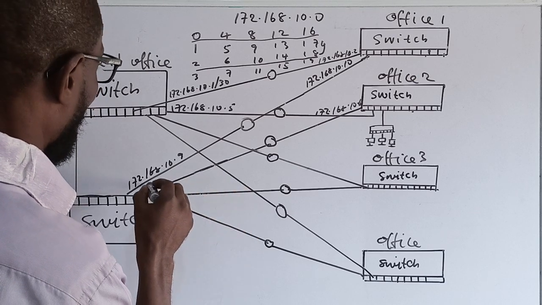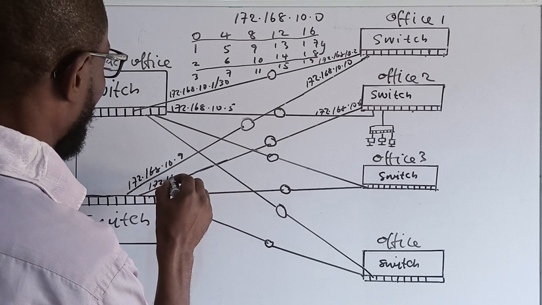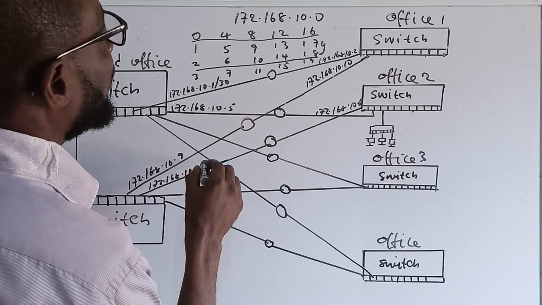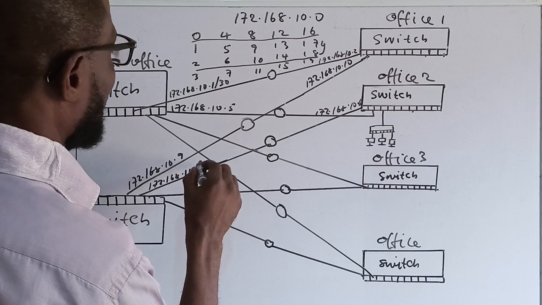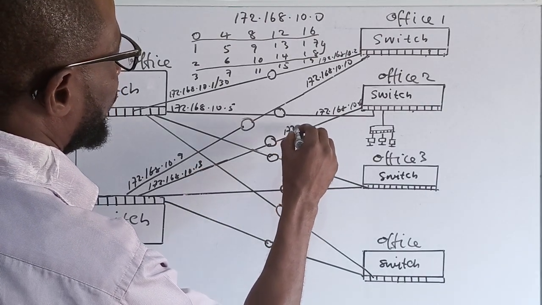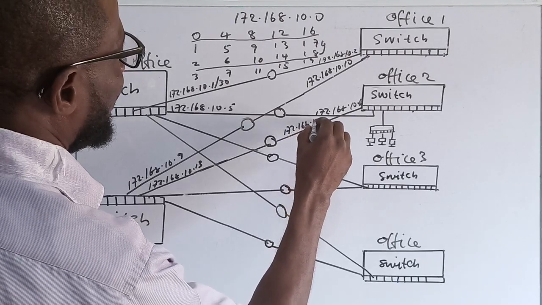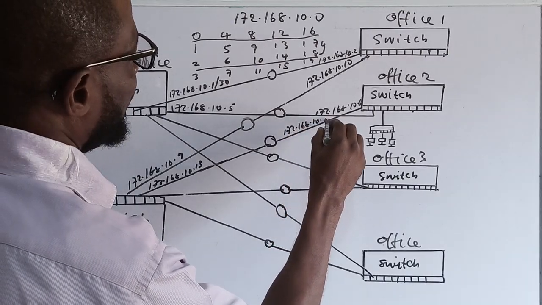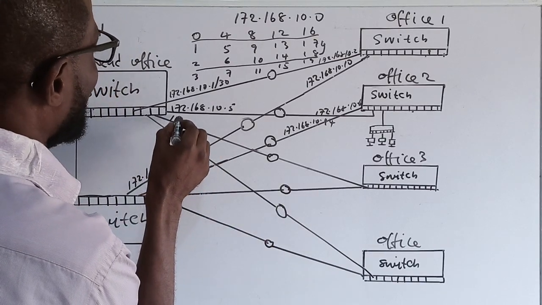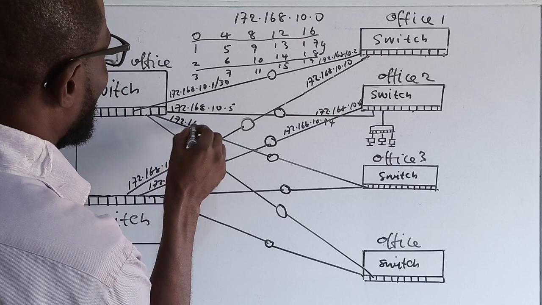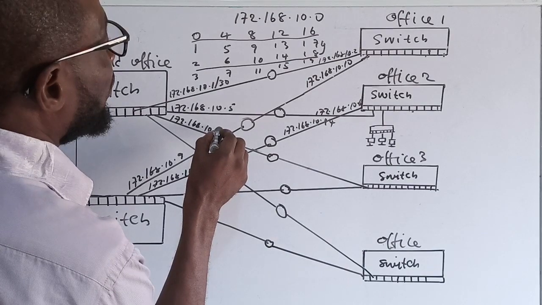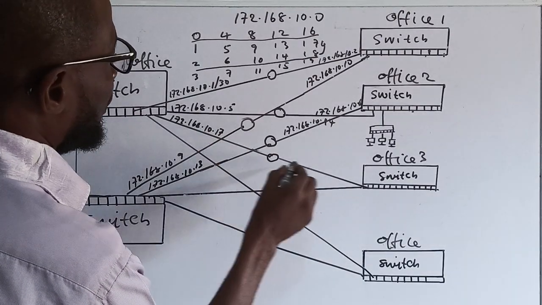You come here also, 172.168.10.13, and here 172.168.10.14. Then you come back here, 172.168.10.17.